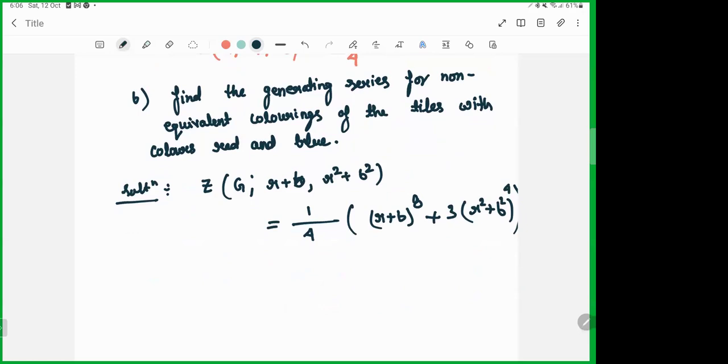You can expand it, but for the third part we need to compute only some term, because the third part is asking for the number of non-equivalent colorings with exactly 3 red and 5 blue tiles.